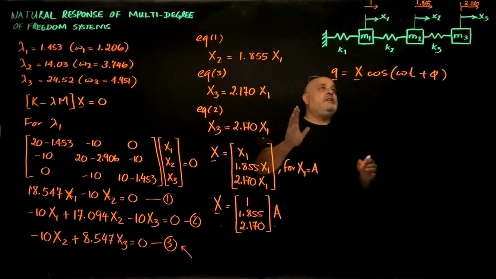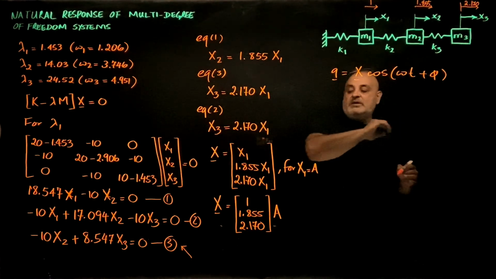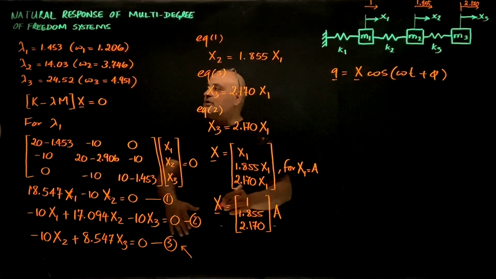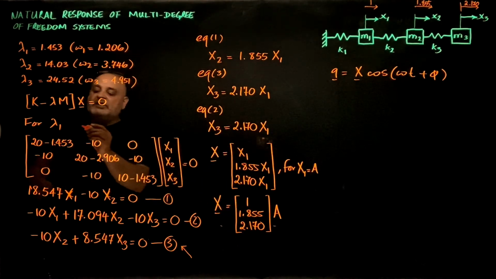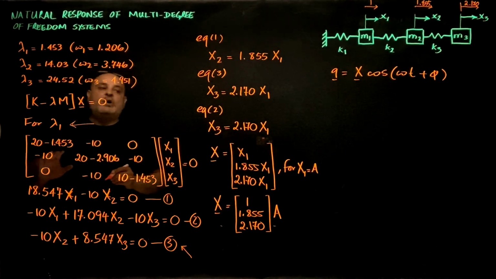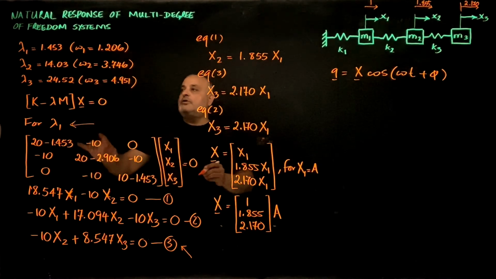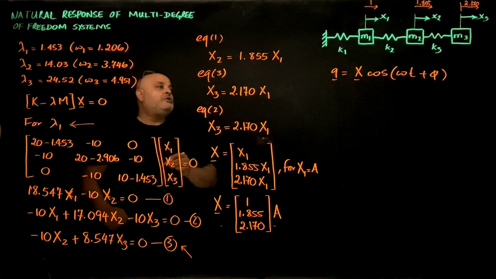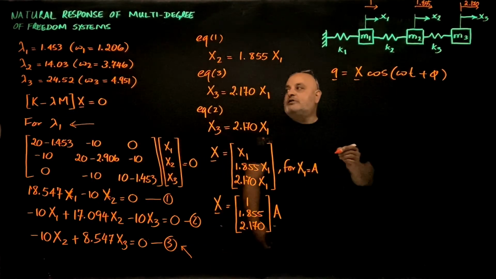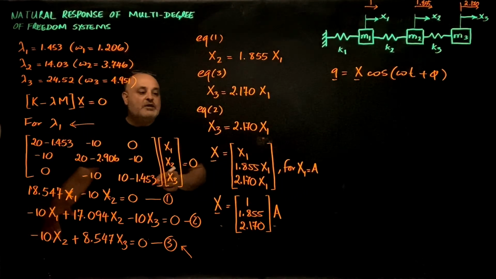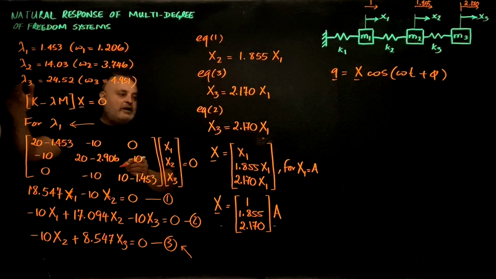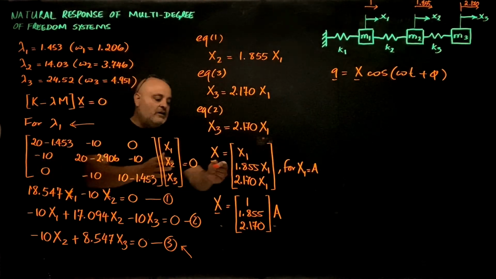These are the amplitudes of motion, and these amplitudes were determined for lambda 1, so the frequency is going to be omega 1, which is 1.206.